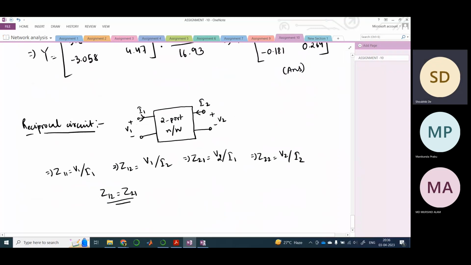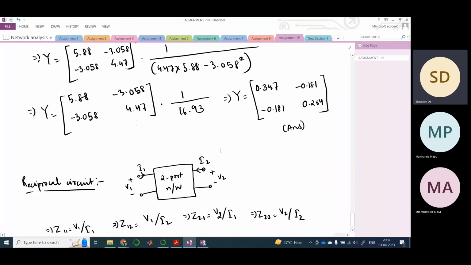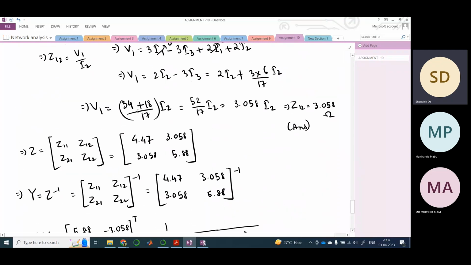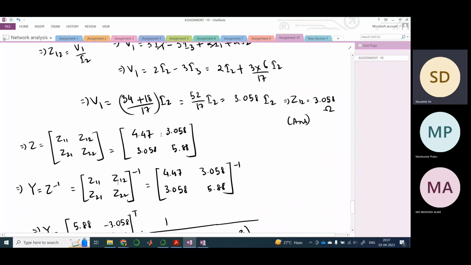So when you apply this for the Z parameters, if Z12 equals Z21, then you say that my network is reciprocal. So here in this matrix, you can easily see that Z12 is how much?